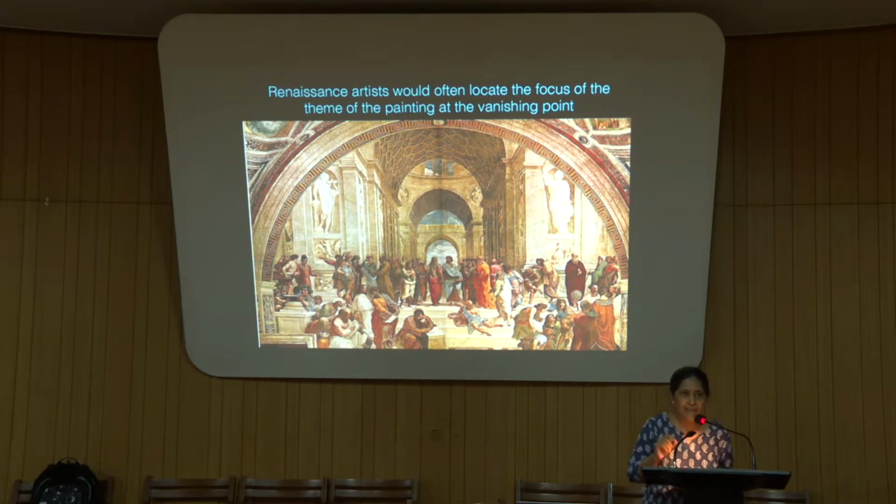For instance, this is a famous painting from the Renaissance time. It's made by the great painter Raphael. And notice that at the vanishing point, there is a significant figure placed. That figure of an orange-robed person is Plato. And next to him is Aristotle.